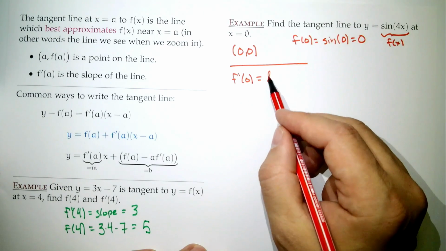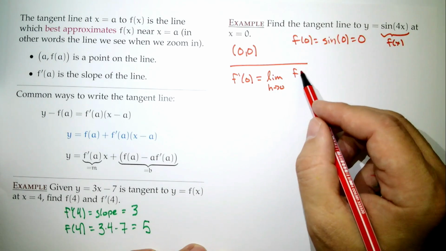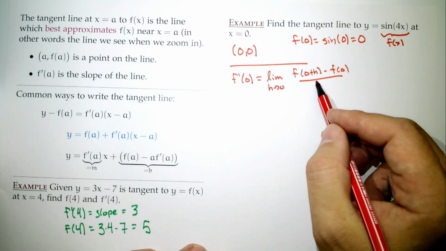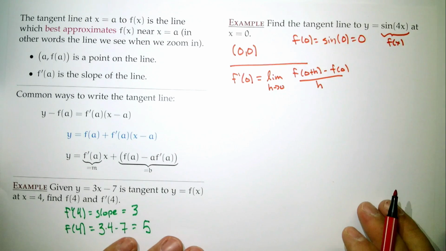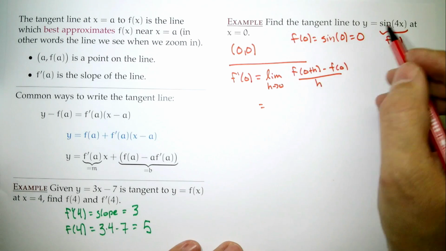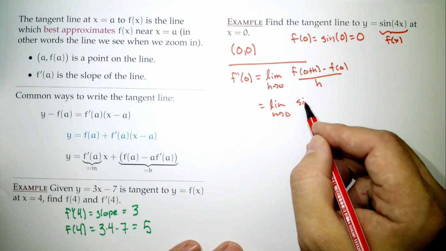Okay, so slope means I need f prime of 0. So according to the rule, that's the limit as h goes to 0 of f of 0 plus h minus f of 0 all over h, using our definition. So f of h, well, that would be sine of 4h.